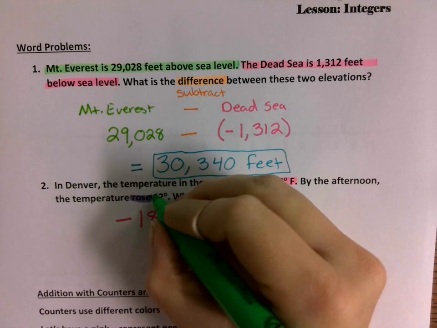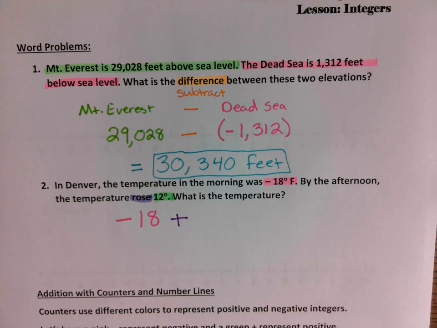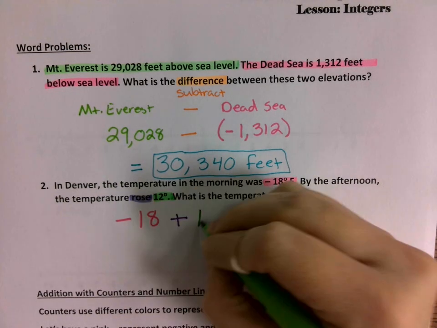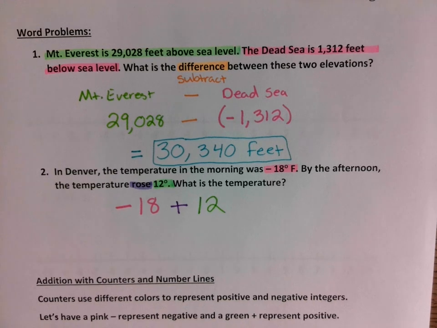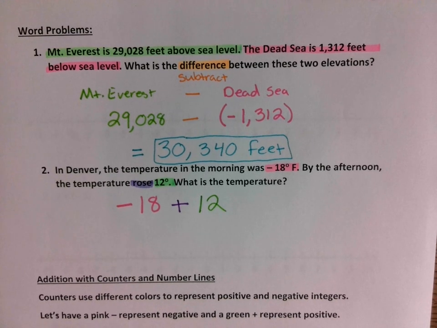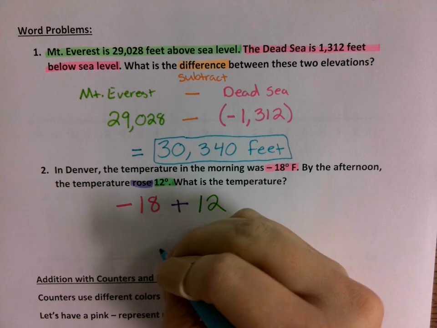So now we're doing negative 18 plus 12. Negative 18 plus 12, what is that going to be? Not negative 16, but negative 6. Okay? So it's negative 6 degrees Fahrenheit is the new temperature.